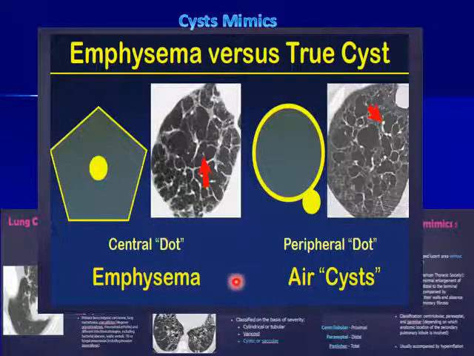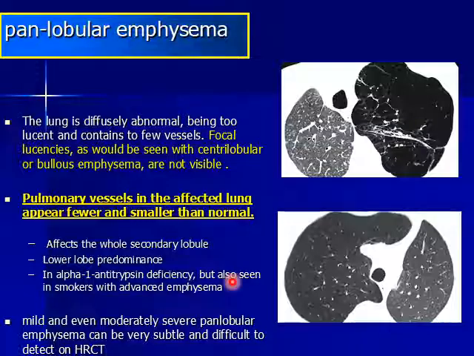Okay, this is another explanation. Panlobular emphysema. The lung as a whole or a lobe is too lucent and contains few vessels. Focal lucencies, as would be seen in centrilobular or bullous emphysema, are not visible. What actually occurs?